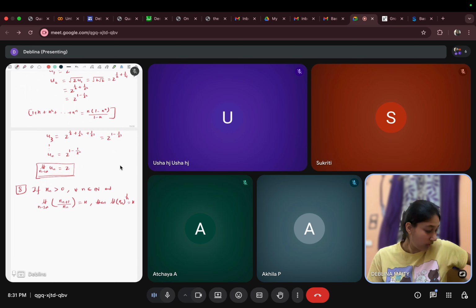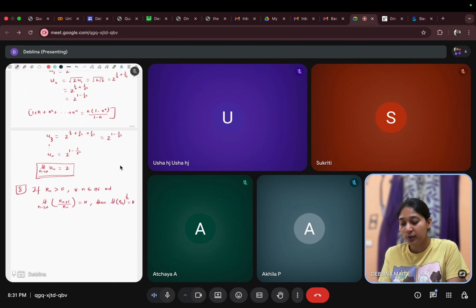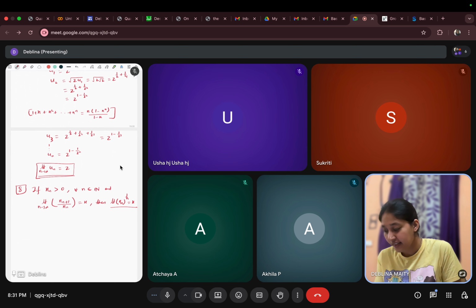If the ratio is going to x, then xn to the power 1 by n is going to x, right?